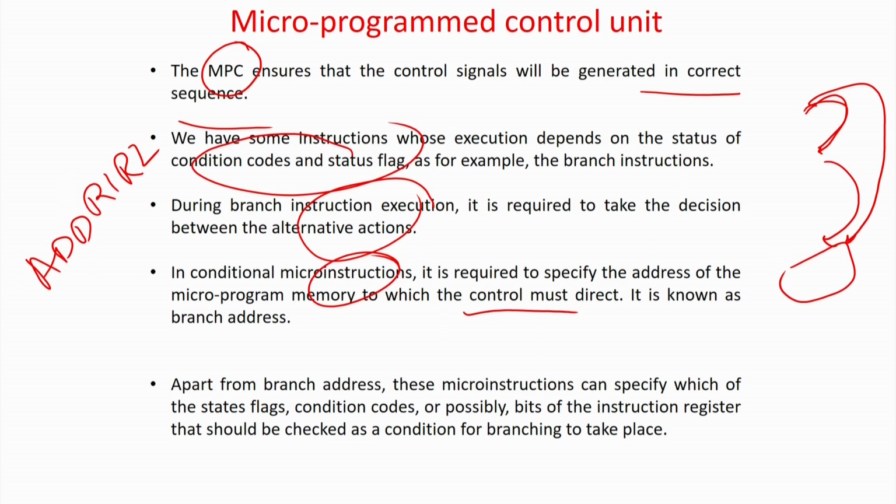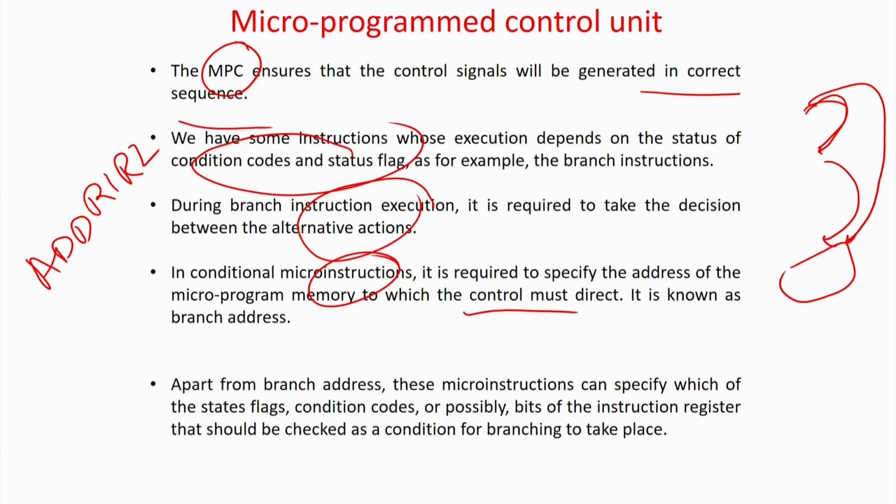We have discussed many times that for most instructions, the fetch phase is similar. Whenever an instruction has to be fetched, the sequence of micro instructions is always similar, so you can directly invoke that part of the microprogram memory which has the micro instructions corresponding to fetch. After that, the add will be decoded, and then different activities have to take place.